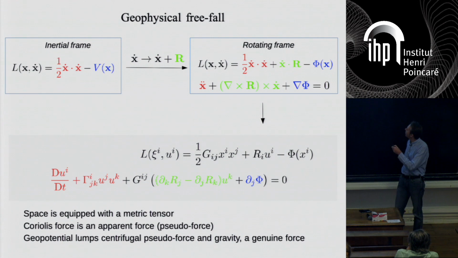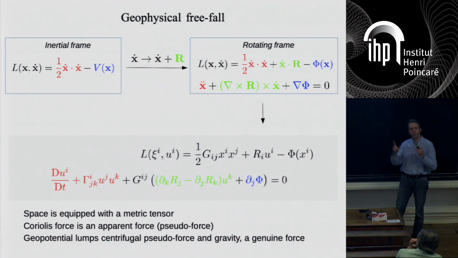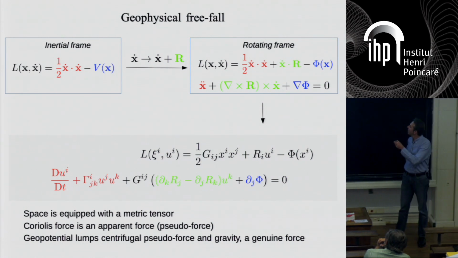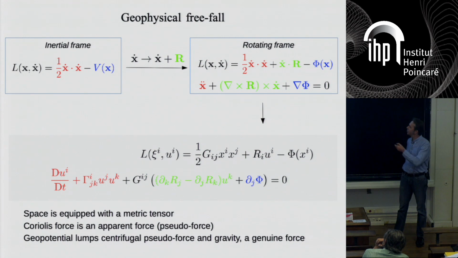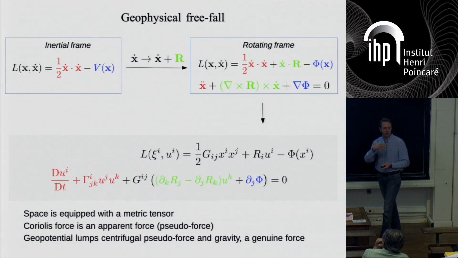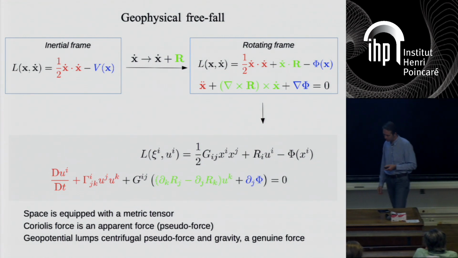Okay, so it's very similar to the previous one. The only new thing is that first we have the curl of this planetary velocity, right? R is the solid body rotation of the planet. And now we are taking the gradient of the geopotential instead of taking the gradient of the gravitational potential.